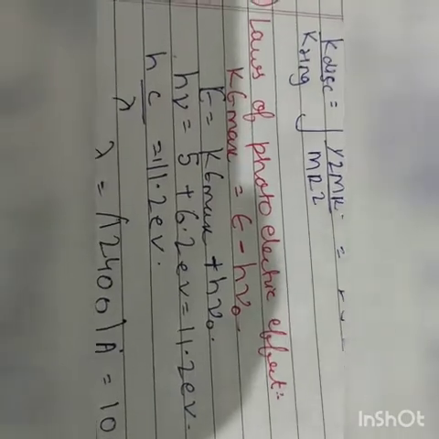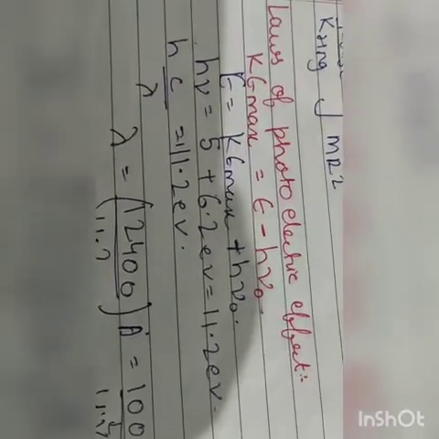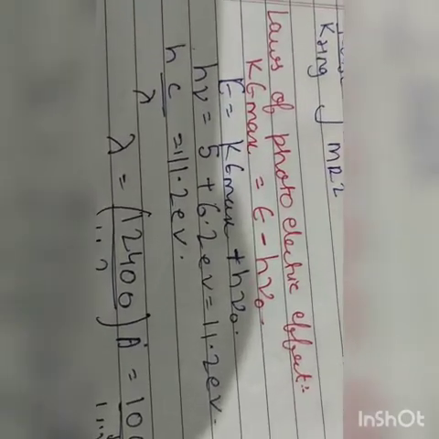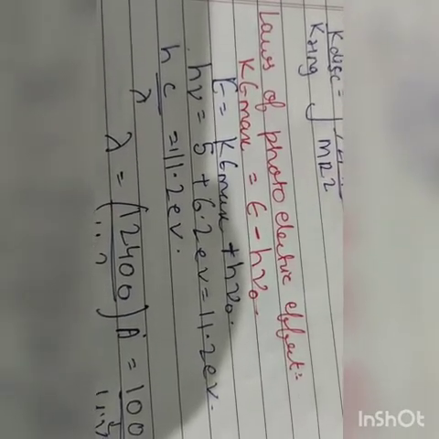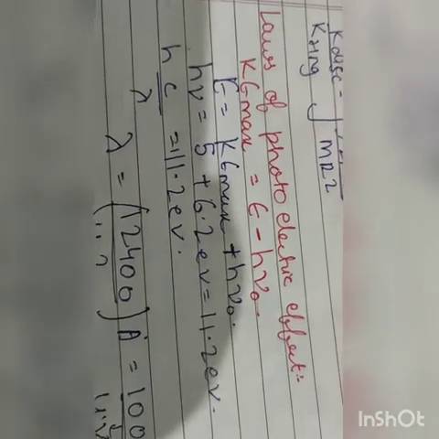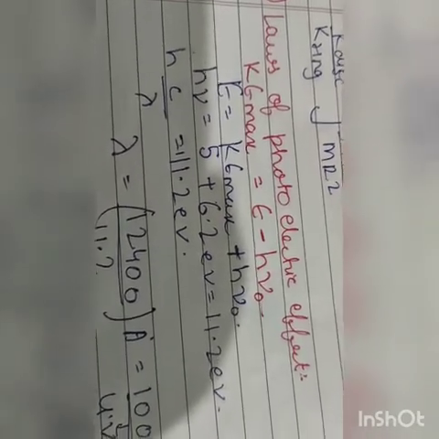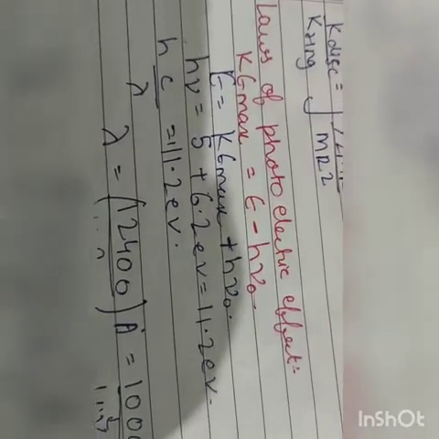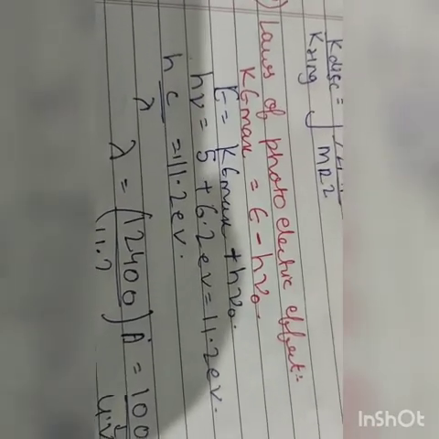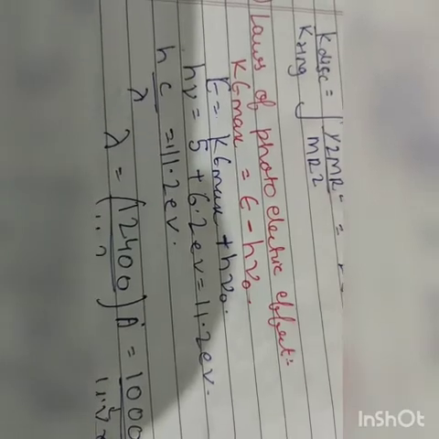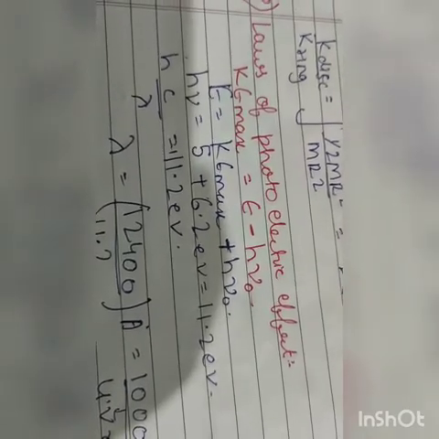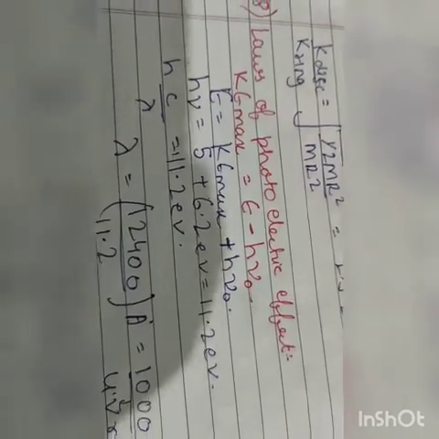Now E is equal to h nu, and the value of KE max is given as 5 volt, and work function is also given as 6.2 electron volt. So we will just put the values and get the answer 11.2 electron volt. We know that h nu is also written as hc by lambda.